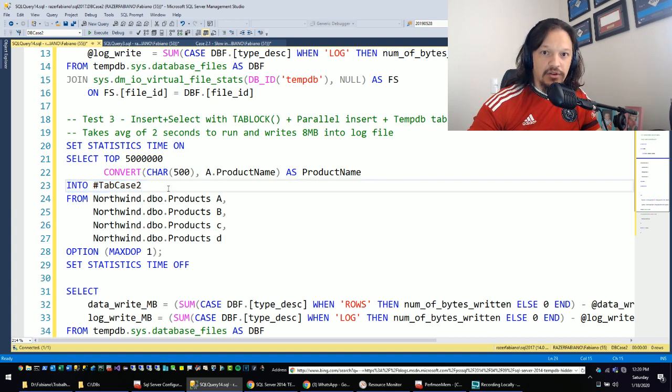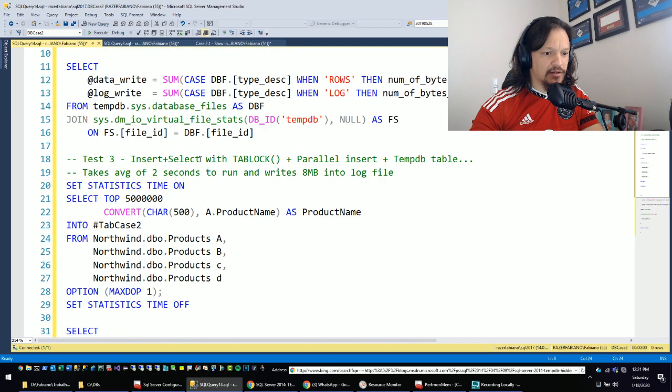So here's what I want to show. Here's what we have so far: 10 gig of memory available, 8 gig used for those two tables that I just read, and now I want to insert some data into a table in tempdb.